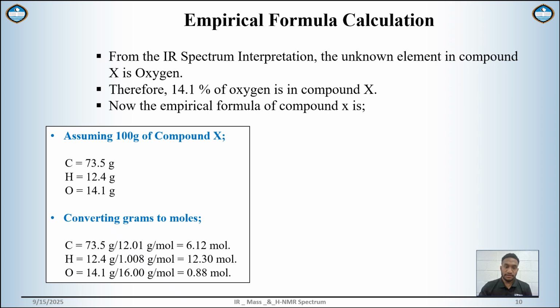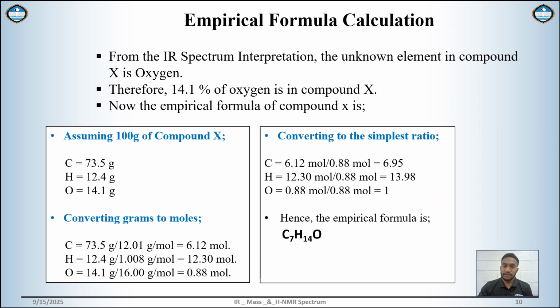Hydrogen: 12.4 grams divided by 1.008 gram per mole gives 12.30 mole. And the last one is oxygen: 14.1 gram divided by 16.00 gram per mole gives 0.88 mole.